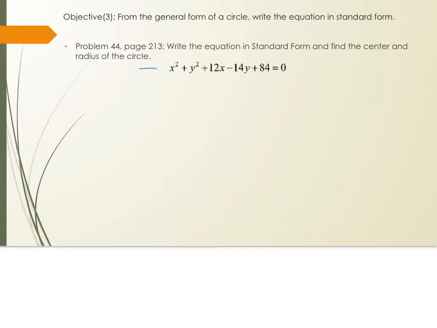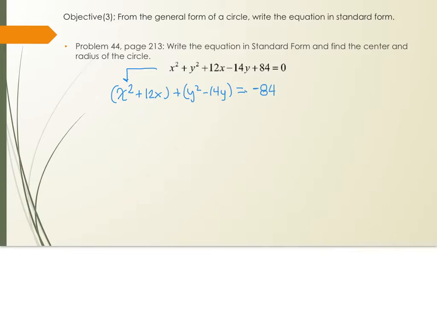To do that, we will do the following. So it's x² + 12x + y² − 14y = −84.